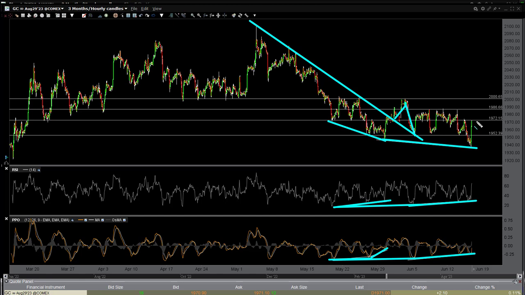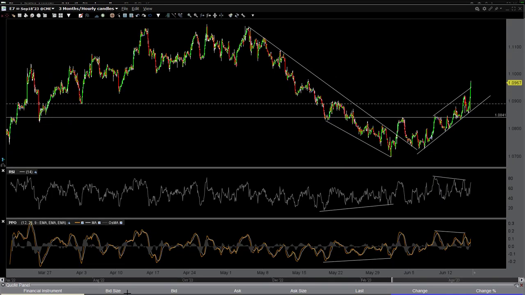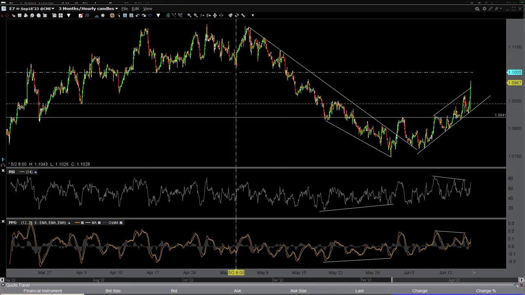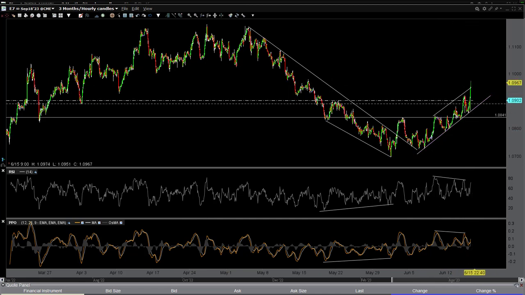Gold also can catch a flight to safety bid and sometimes offset that impact of the euro or the US dollar. So I did want to point this out. If you're in the gold silver trade, at this point probably stops between the recent lows, and also watch that price action in the euro and US dollar. There's E7 euro futures. I don't have the resistance level marked here, but there's the uptrend line on E7.